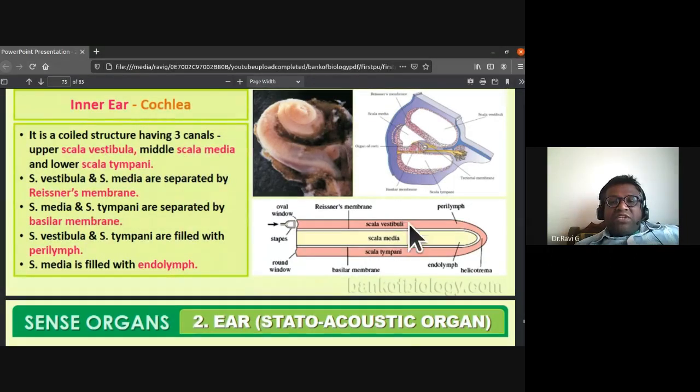The scala vestibuli and scala tympani are filled with perilymph, and the scala media is filled with endolymph.